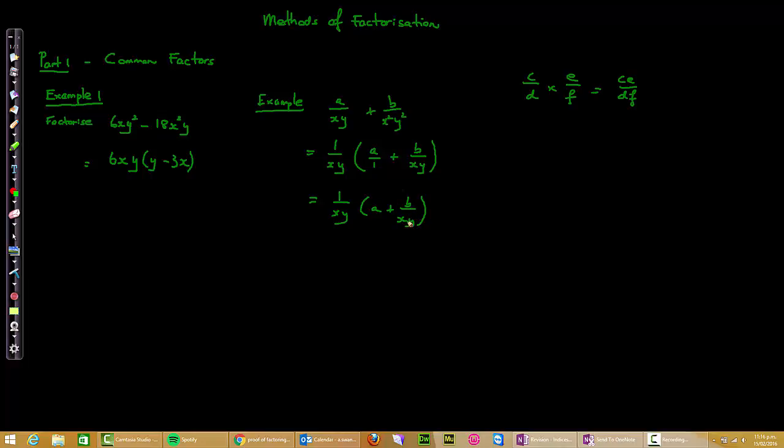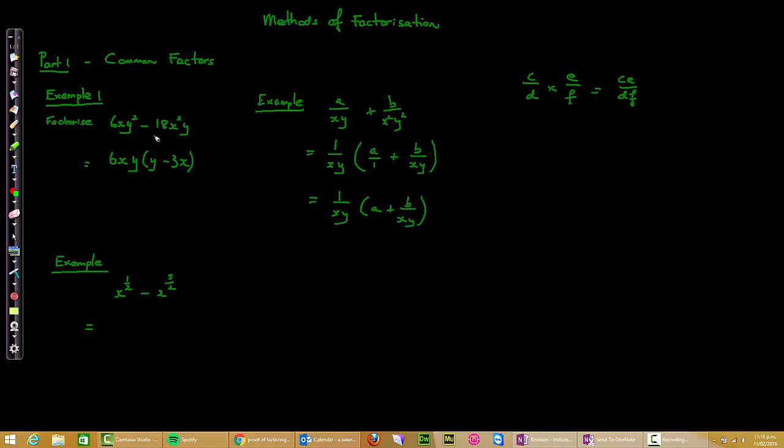Okay, let's move on to a further example. Sometimes we might have fractional powers. So what about factorising x to the power of a half minus x to the power of 5 over 2? What do we do here?